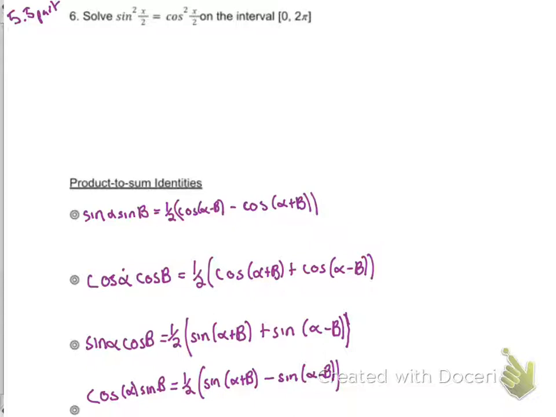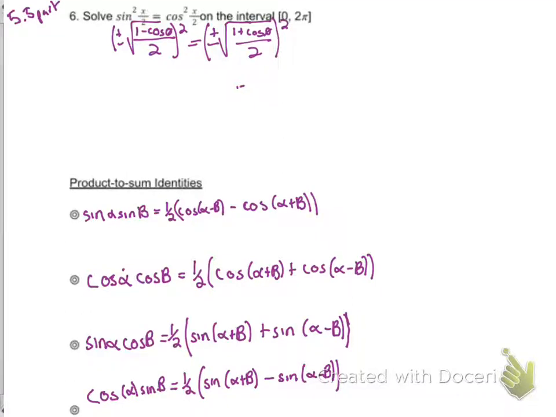It says solve sine squared of x over 2 equals cosine squared of x over 2. So what we're going to do is look at those half angle identities and substitute in. For sine squared, I'm able to substitute in plus or minus the square root of 1 minus cosine theta all over 2, squared, equals plus or minus the square root of 1 plus cosine theta over 2, squared.